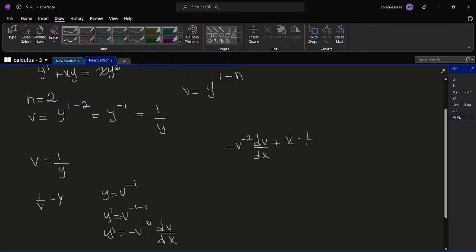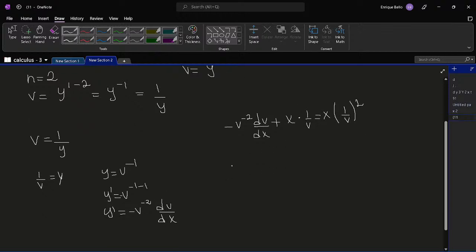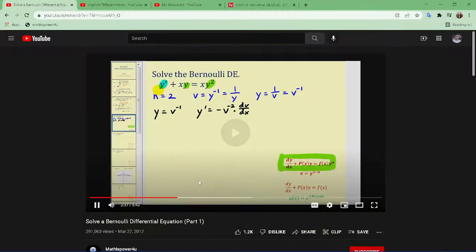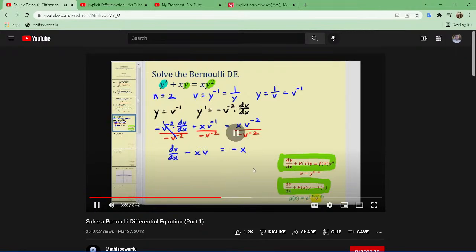Y is gonna be x times 1 over v equals x times y squared. So times y is gonna be 1 over v, and then square. That's gonna be equal to minus, I don't know if we prime change it when we put in.